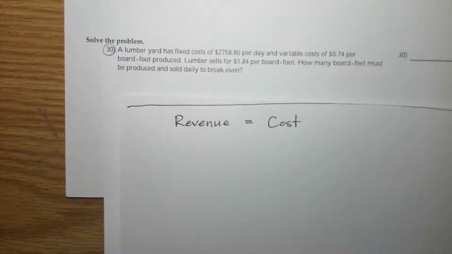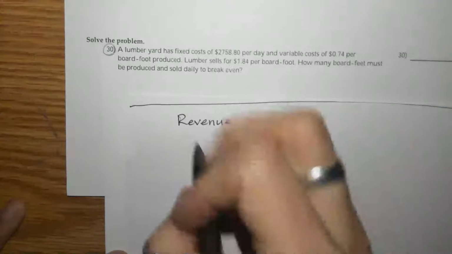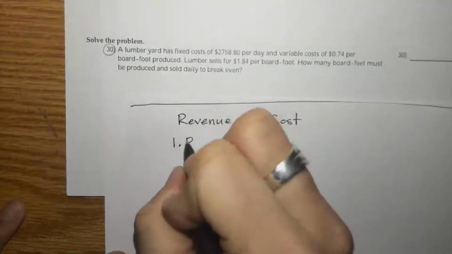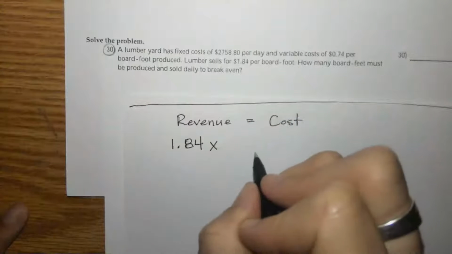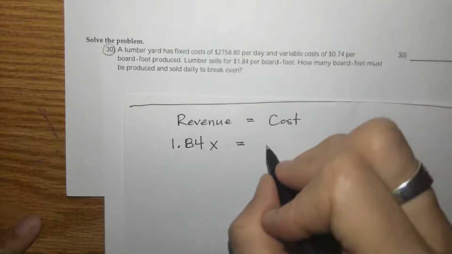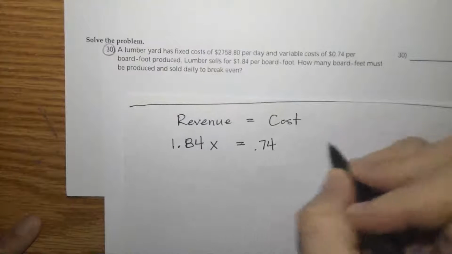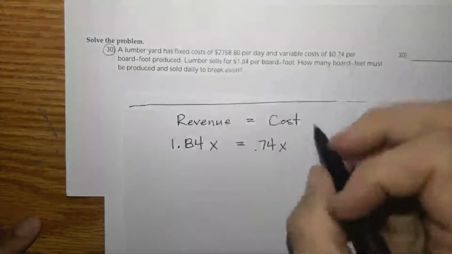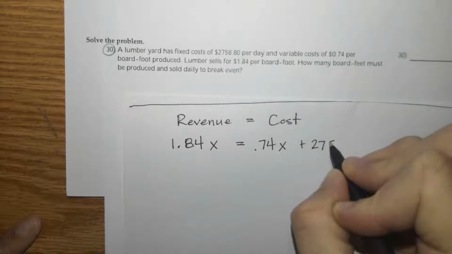Okay? So for that to happen, let's figure out how much we're going to need. Now, remember, it's selling for $1.84 per board. And it's going to be equal to the cost. Remember, the cost is 74 cents per board, right? But also we got another cost that's working against our favor.